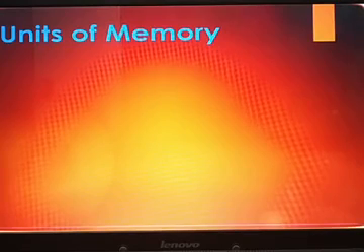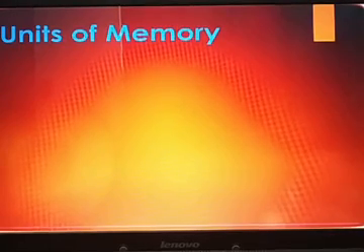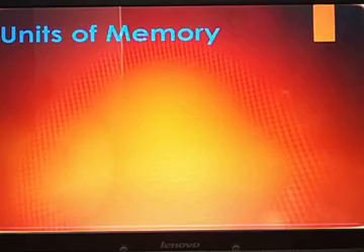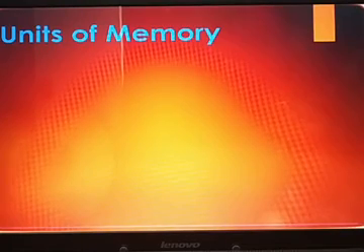Internally, characters are represented through a group of bits depending upon the encoding scheme being used. ASCII, that stands for American Standard Code for Information Interchange, encoding scheme represents a character as a group of 8 bits or a byte. Unicode encoding system represents a character as a group of 16 bits or 2 bytes.